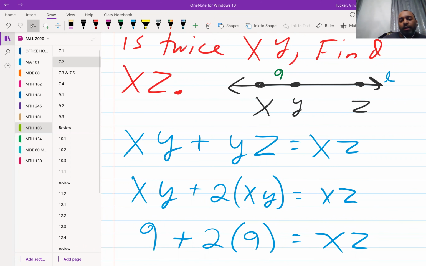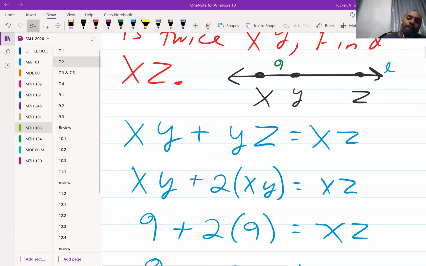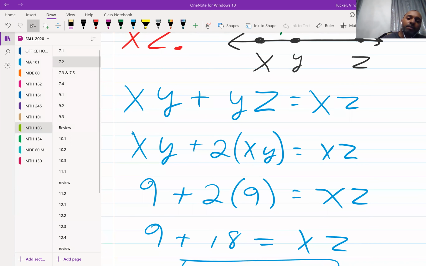All right, so we have XY is 9, so 9 plus 2 times 9. 2 times 9 is 18.